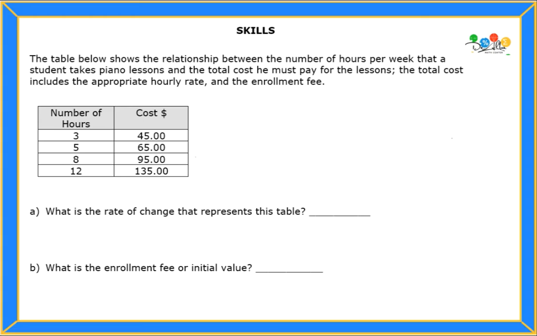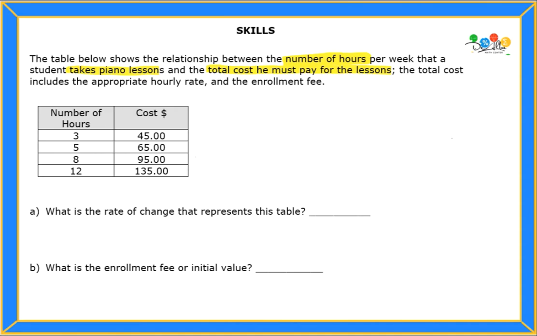So let's analyze the problem. Well, first of all, we're gonna notice that they're talking about the hours, or the number of hours, if you wanna think about it, that the student takes the piano lessons, right? The second thing that we are gonna discuss is the actual cost that he pays for those lessons.